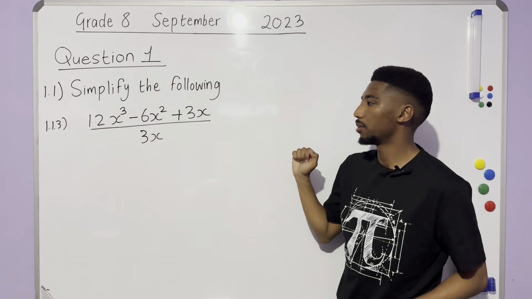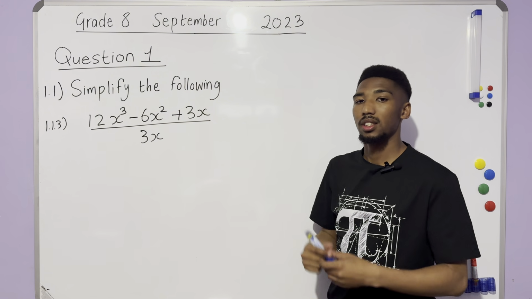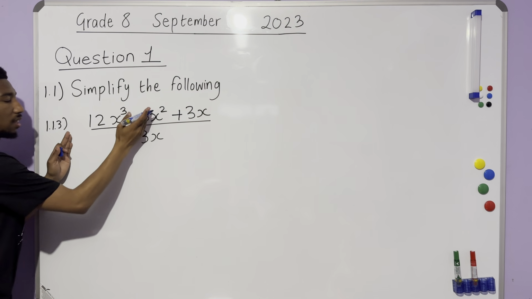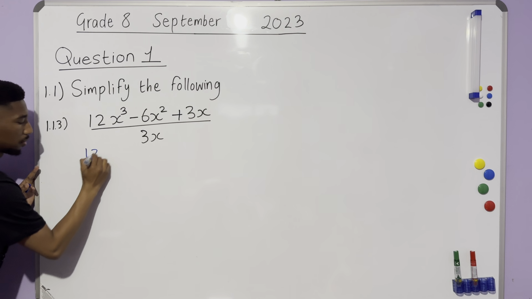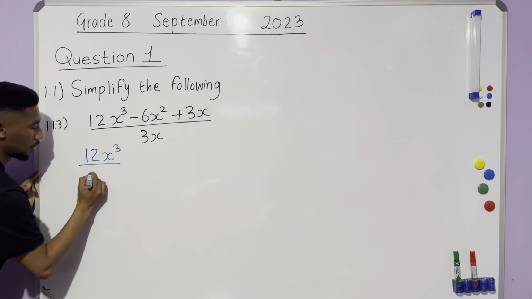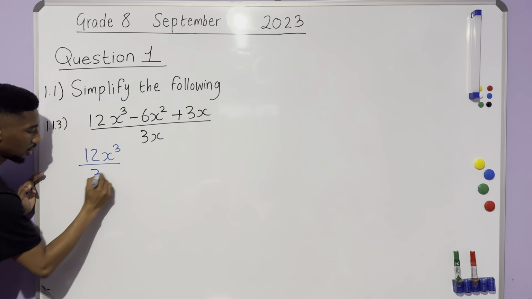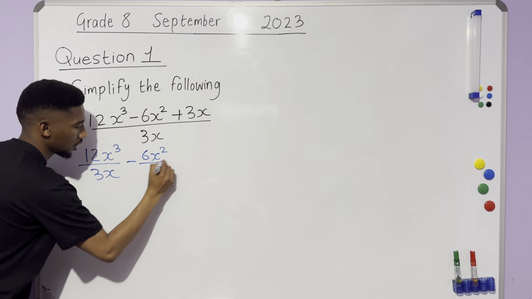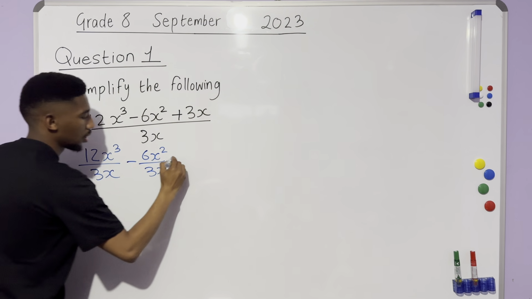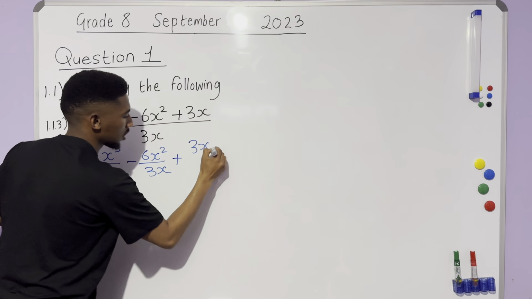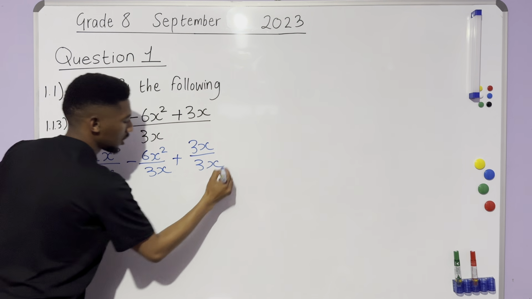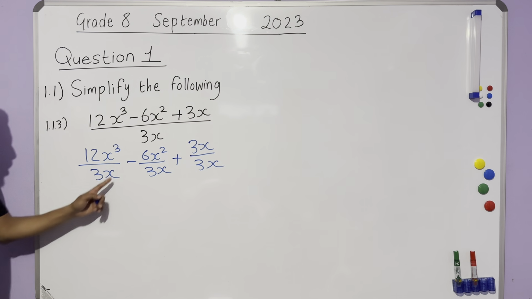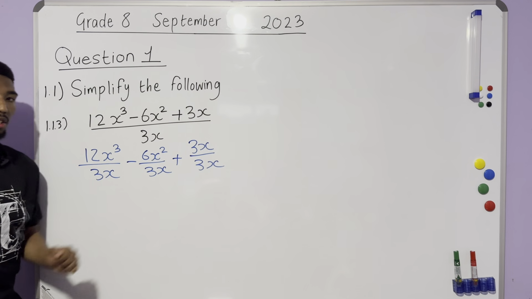In this case over here, when we are dividing, since they are not like terms, we will start off by dividing every term by the denominator. We start off with 12x to the power of 3 divided by 3x minus 6x squared divided by 3x plus 3x divided by 3x. So every term at the top has been divided separately by the denominator.